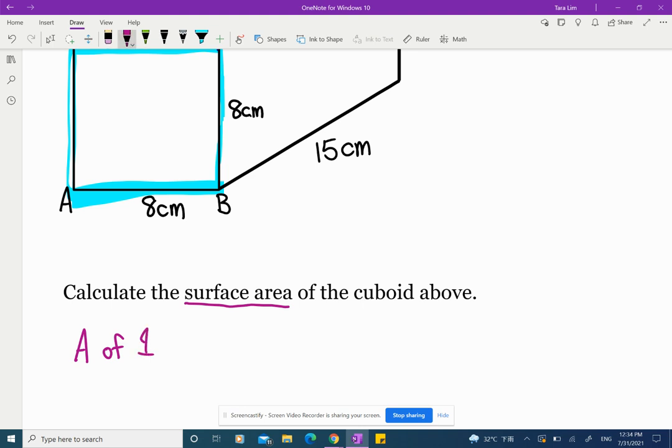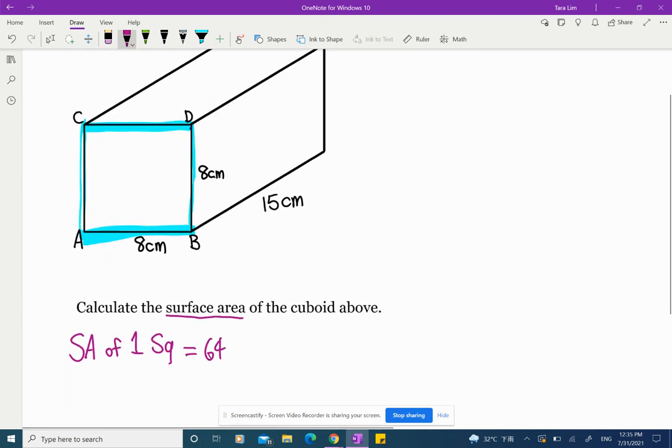We calculated one square of the surface area. Let me write SA, which represents surface area. Surface area of one square is 64, because 8 times 8 is 64.